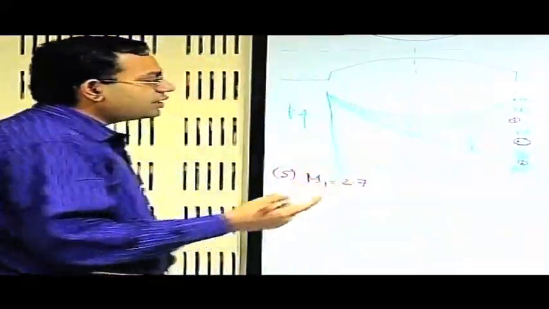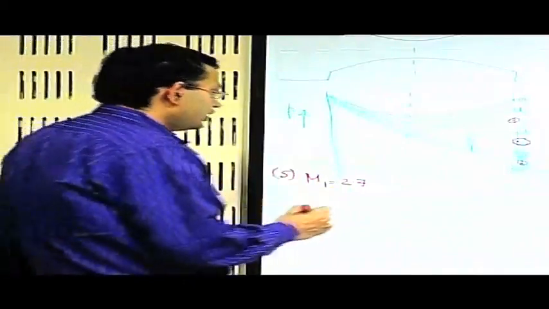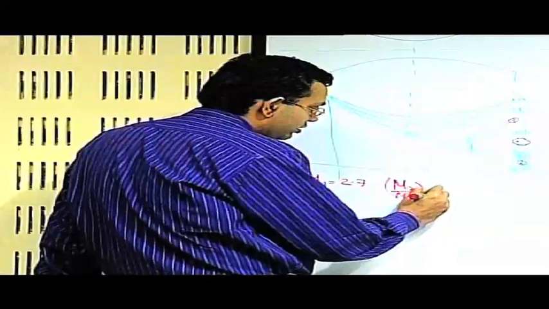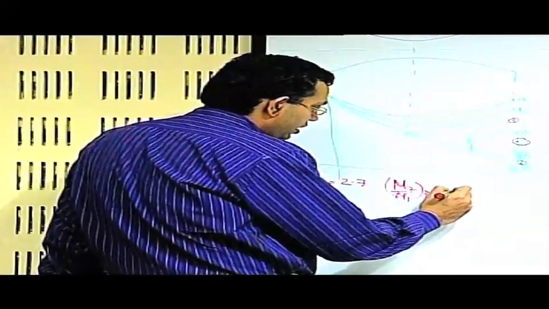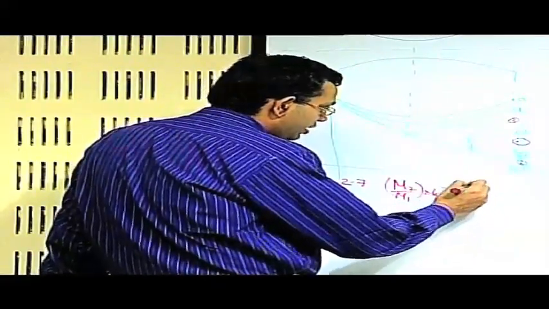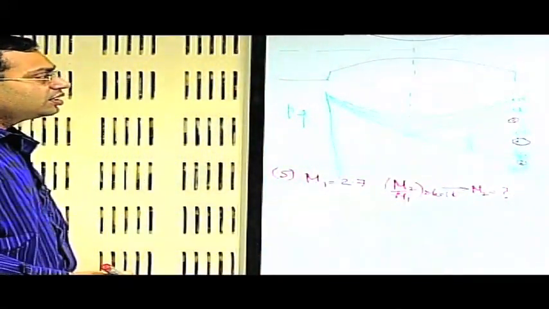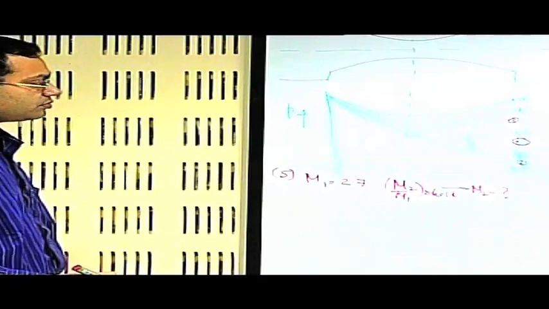What is the Mach number downstream of the shock? You know the relationship between M2 and M1 for the shock. So, from the value of M1 you can get the value of M2, which is just downstream of the shock.